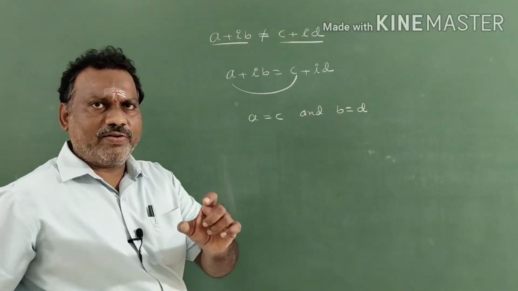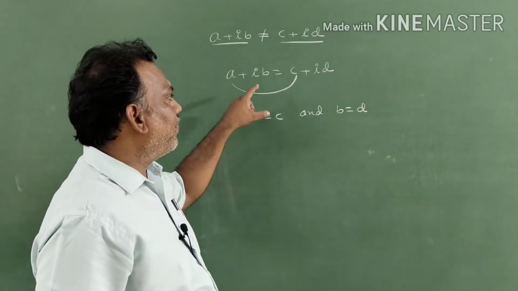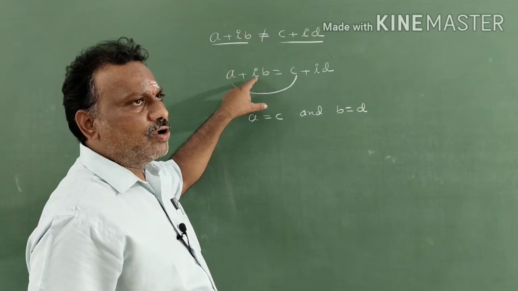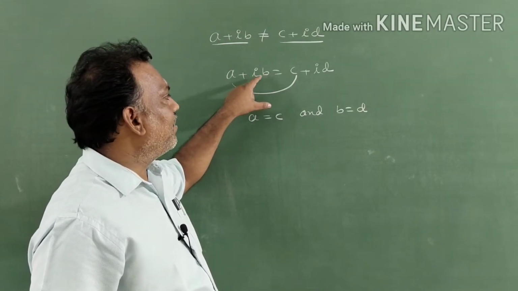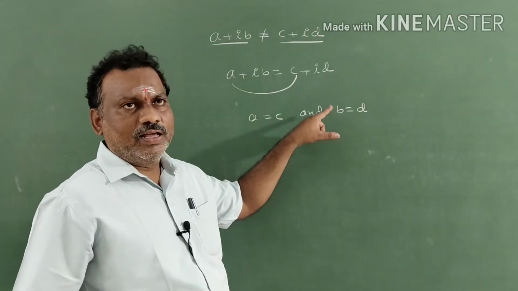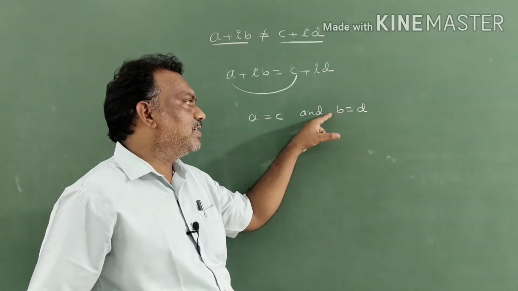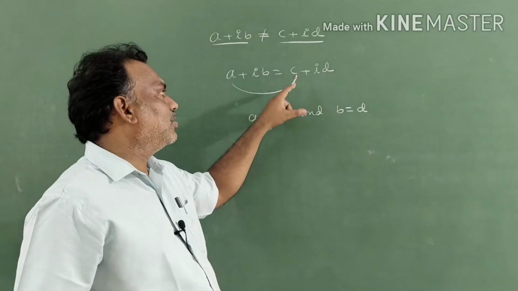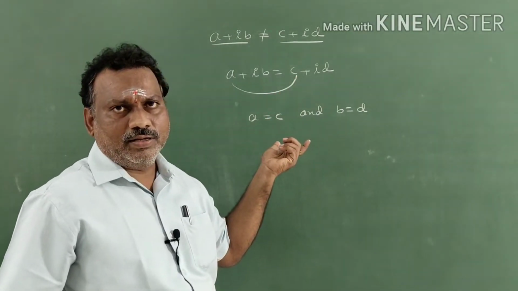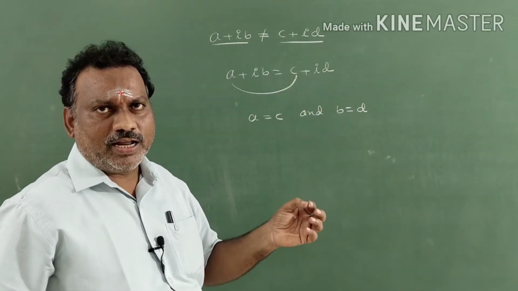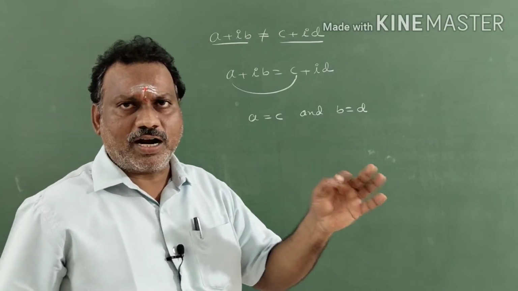So remember, a very important note: for the imaginary part, don't consider i, only the coefficient of i with its sign. It is a plus sign, no problem. b is equal to d is the imaginary part condition, a is equal to c is the real part condition. Clear, students? Generally, two complex numbers are not equal.